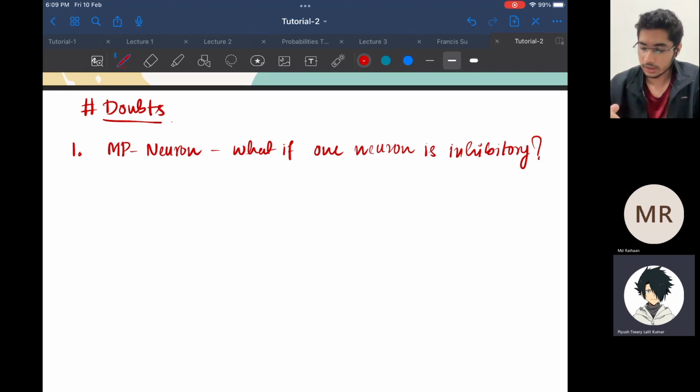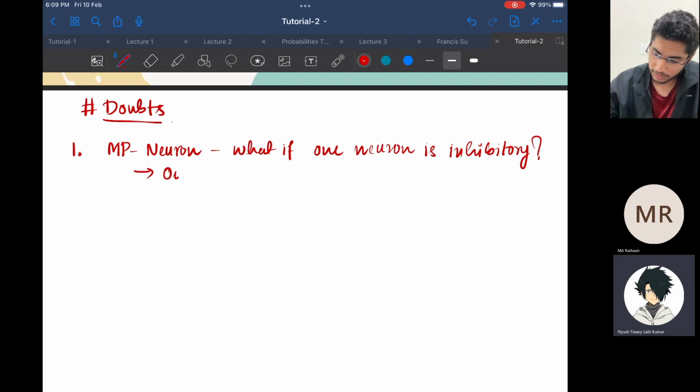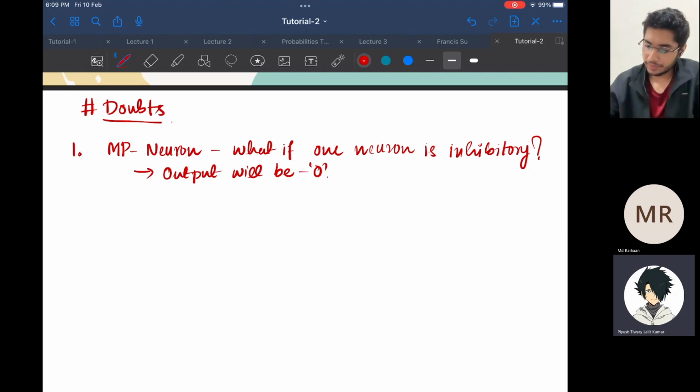No matter what the value of that particular neuron is, the output will be 0. I hope this is clear.